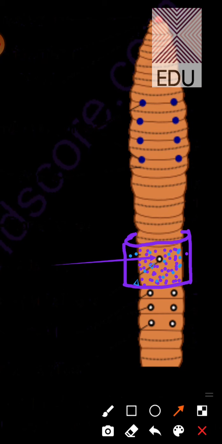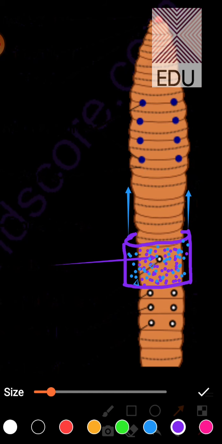Now this particular layer is separated from the body and travels towards the anterior end. With the bodily contractions of the earthworm, this layer travels towards the anterior end.